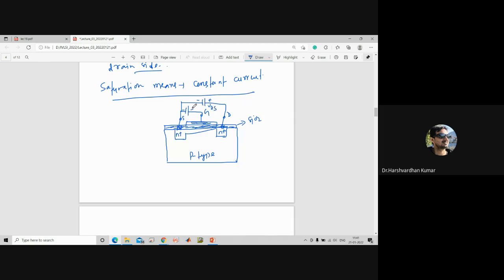So here the VGS, so if you can observe here, this is the depletion region.